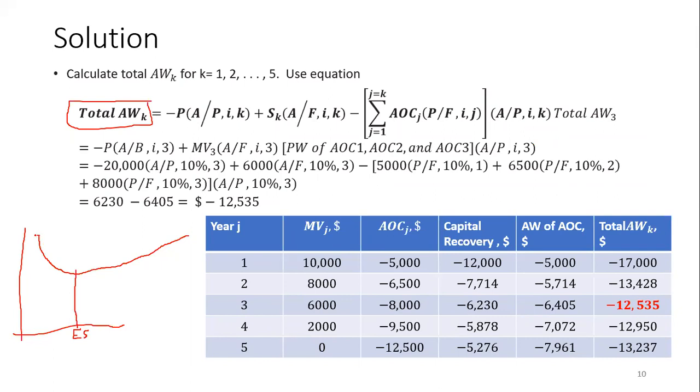This means the first annual worth of the total cost is high and decreases until a turning point. This turning point represents the economic service life. Once it increases again, I realize that I have the economic service life.